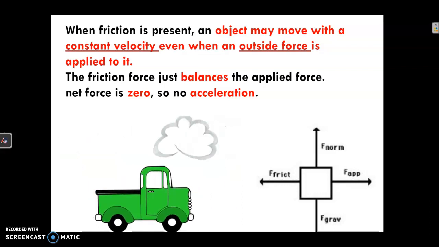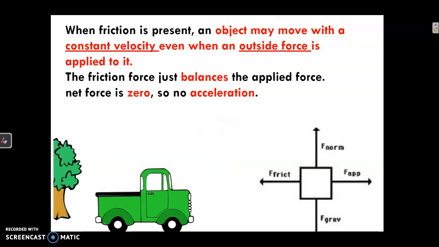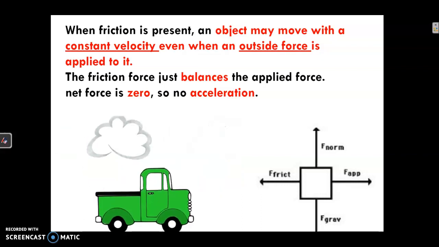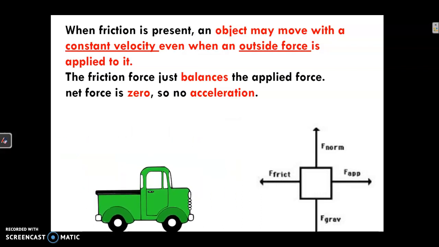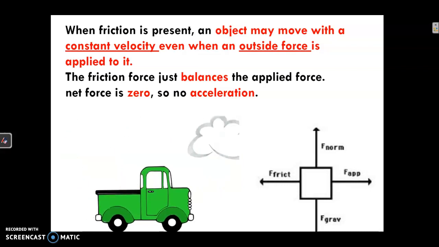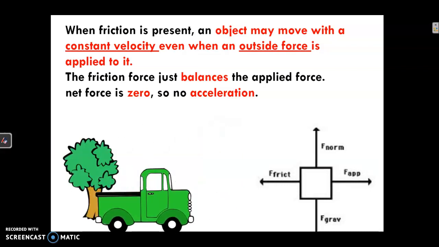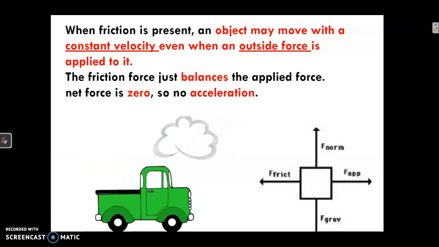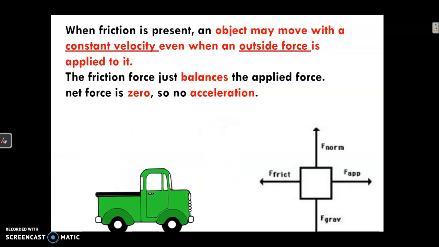When friction is present, an object may move with a constant velocity, even when an outside force is applied to it. I know, this seems crazy, right? But let's look at our free body diagram. So we know that the car is on Earth, right? So it must have weight because it's being affected by gravity.